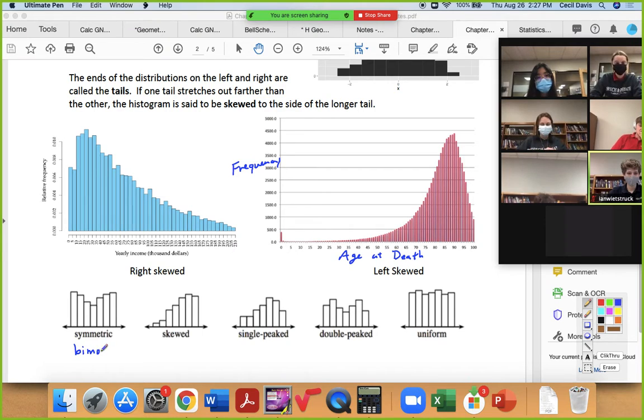I'd probably say bimodal. When we're talking about bimodal or something, they don't have to stick up way above everything else to be bimodal. They just have to be, I have a peak here and a peak here. So this one's skewed, and what else? Yep, unimodal.